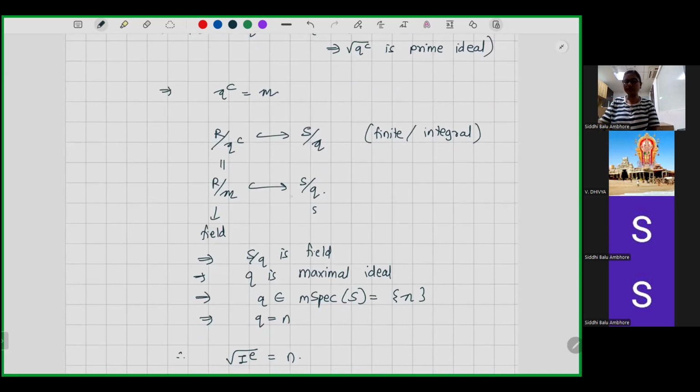This is a result from earlier classes, which we also proved, if you remember: if R is inside S and some ideal Q lies over, then R mod Q is a field if and only if S mod Q extension is a field. I think we did this type of question in an earlier lecture.